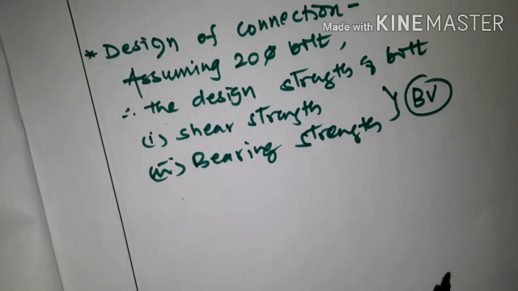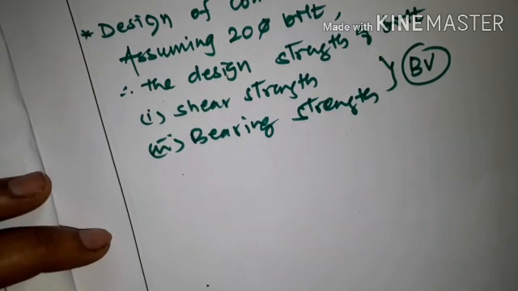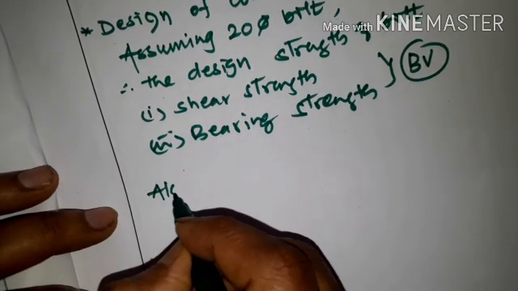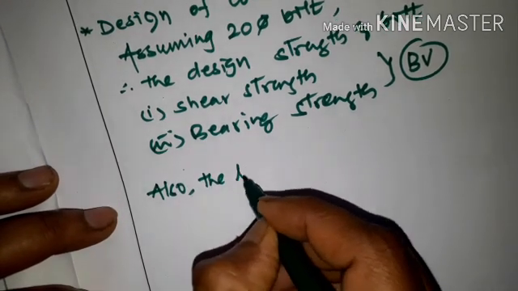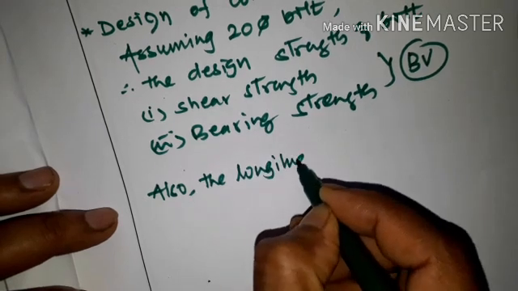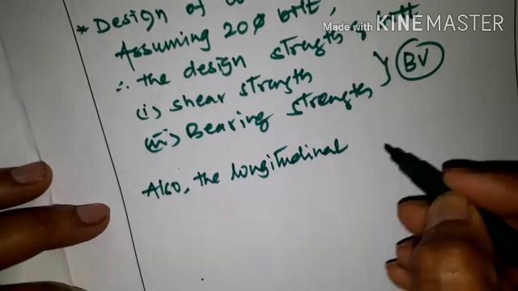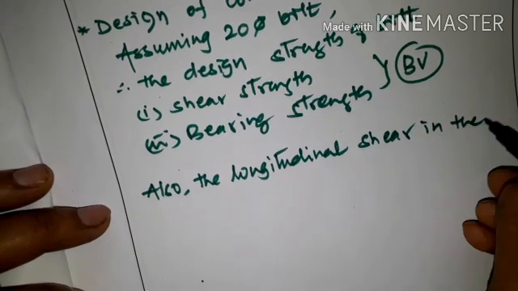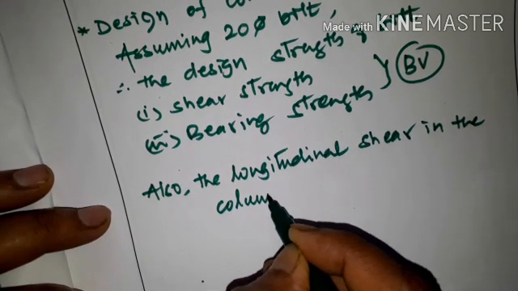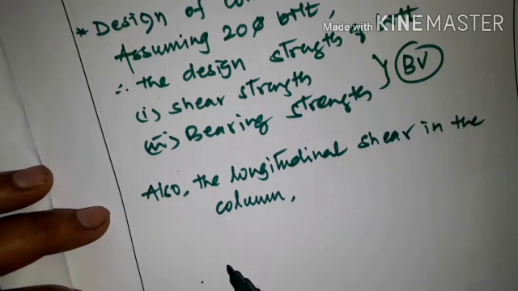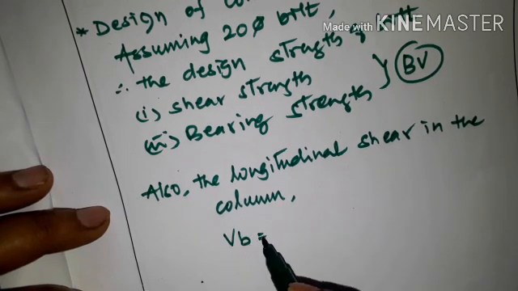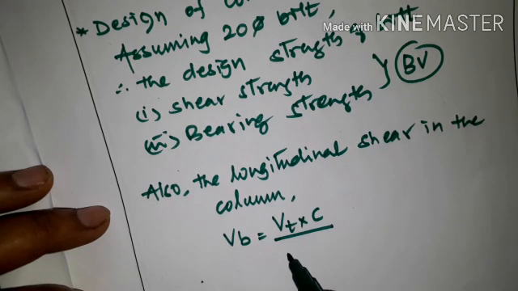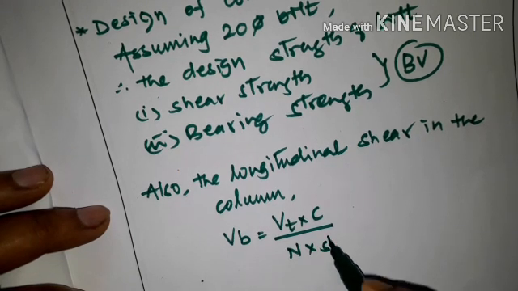we have to find out the longitudinal shear in the column, which is mentioned in the IS 800. So that is Vt into C by N times S dash. Okay.